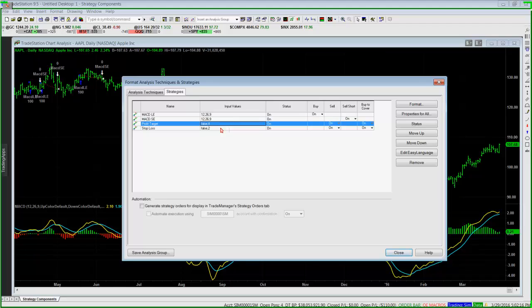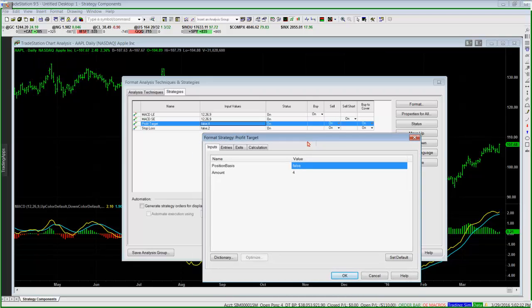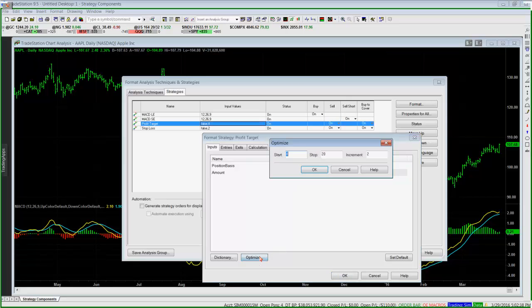So let's see if we can refine that a little bit. Remember that our performance on the strategy was roughly $4,500, based on these rules. So to optimize those profit target and stop loss numbers, I'm going to click Format for each of the strategies that I want to optimize. So here we're going to optimize the amount of the profit target.